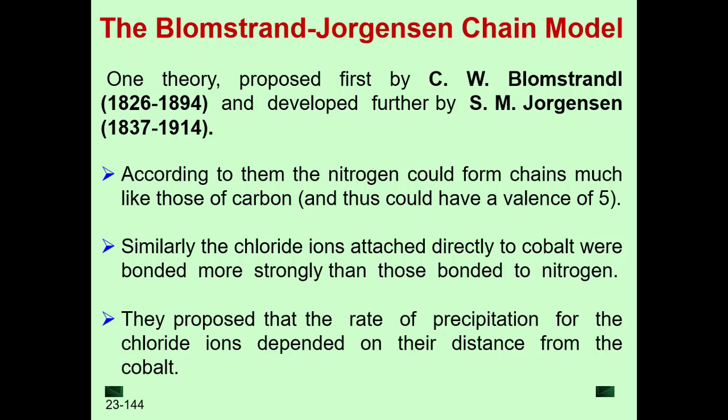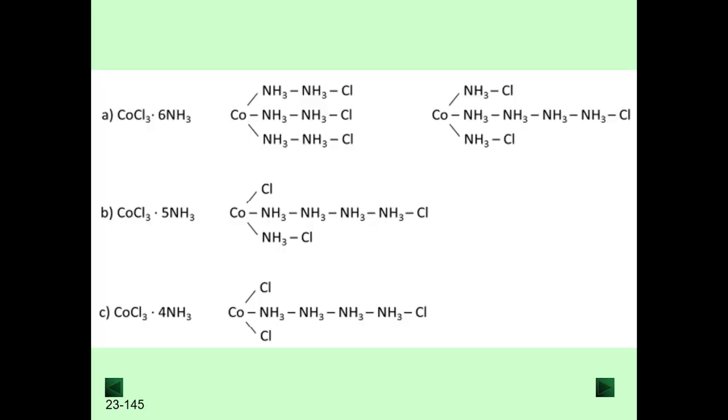So the main postulate of this theory is that, according to them, the structure or bonding arrangement of the complex is somewhat different from now, as we will see. For example, I first have to show the compounds to which they applied this theory.